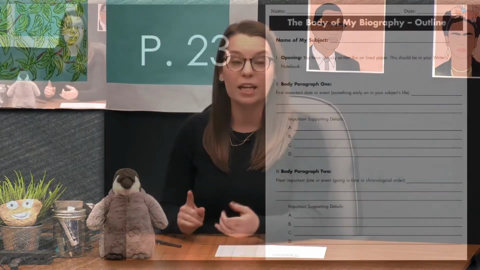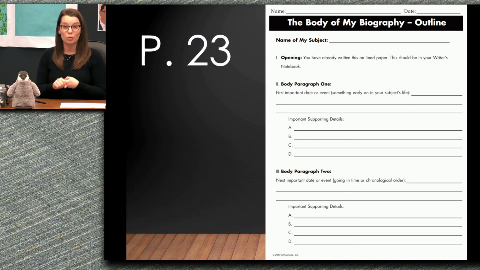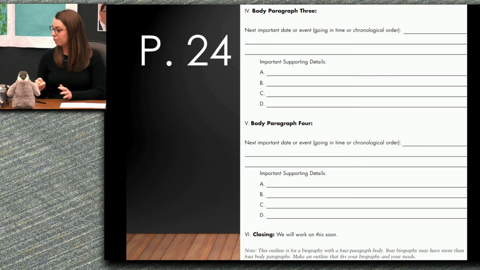Continue writing the big important events or dates and the supporting details of your biography for your subject, and make really sure that they are in chronological or time order, because that's what we're paying close attention to today.